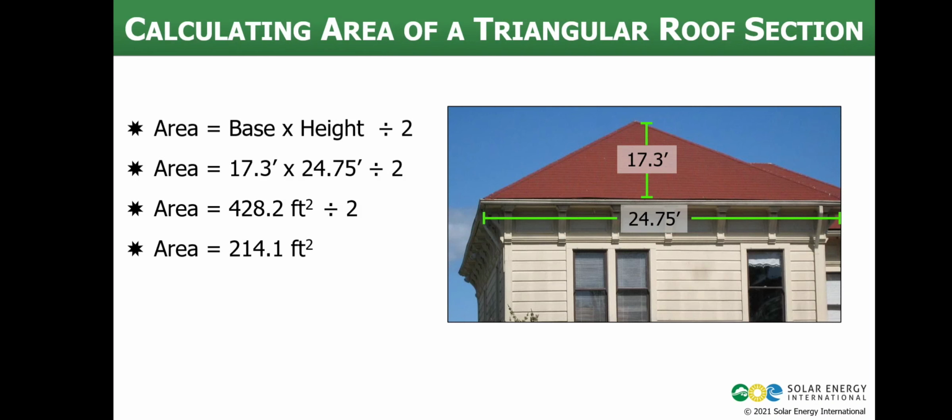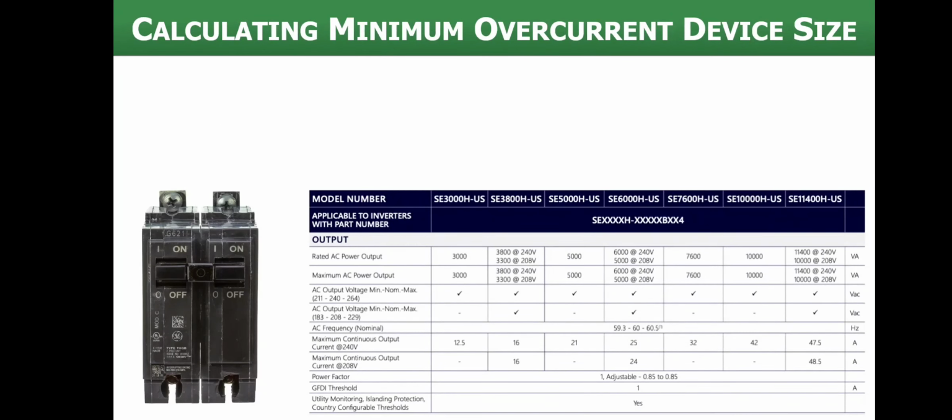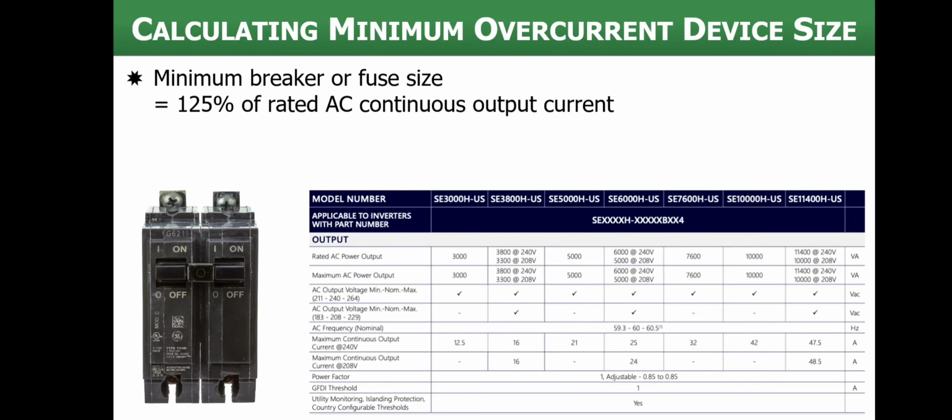Now finally, let's look at how we calculate the minimum overcurrent protection device size. That's our minimum breaker for an inverter. The National Electrical Code says our minimum breaker or fuse size, that's our overcurrent protection device, must be 125% of the rated AC continuous output current of our inverter.